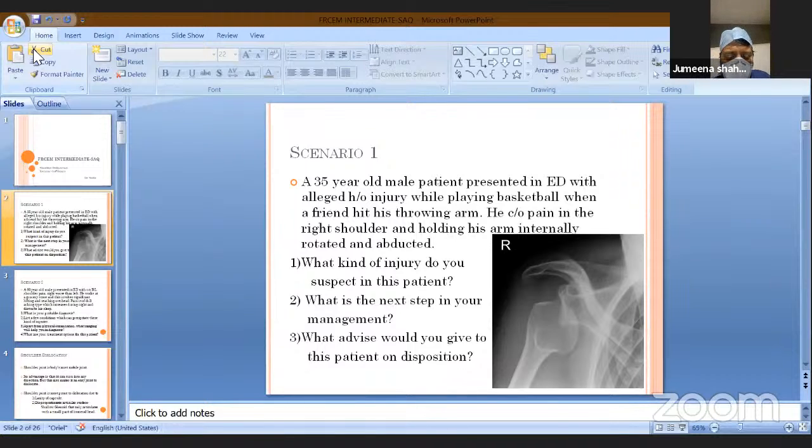Usually they will definitely ask what are the techniques. Mention 2 or 3 techniques for correction. They will definitely ask. There are a lot of reduction techniques. There are some 20-25 techniques for reducing a shoulder dislocation, and also many modified techniques based on the classical procedures. You should at least know a few of them.